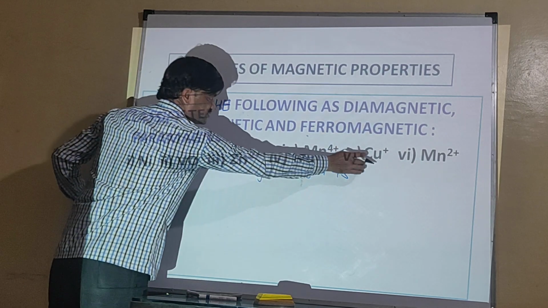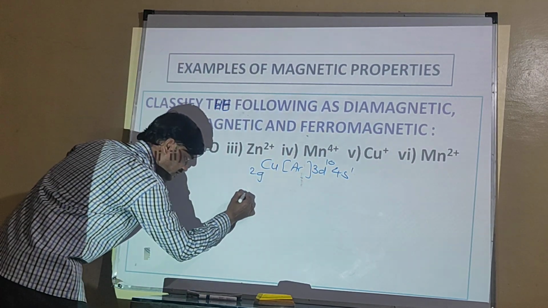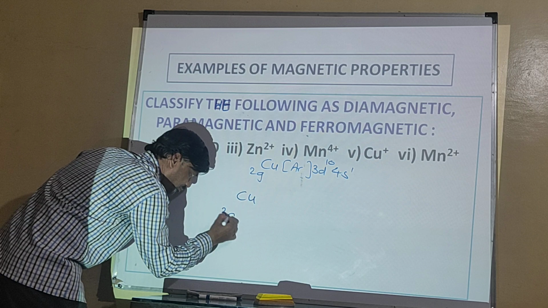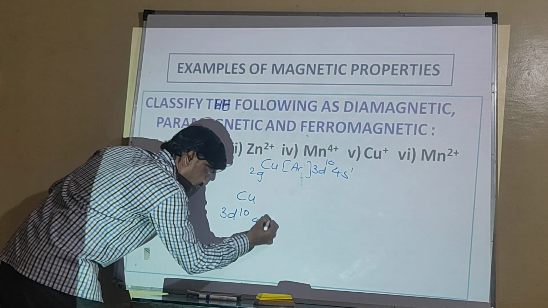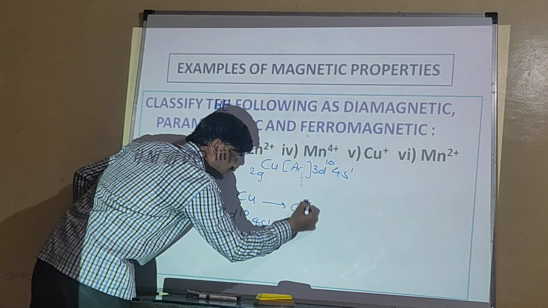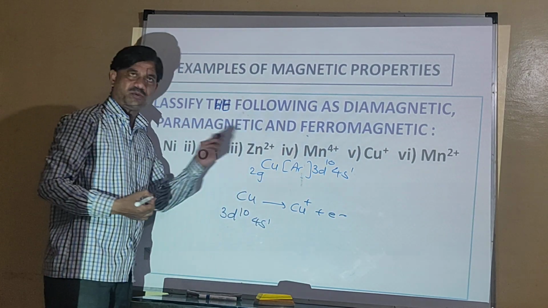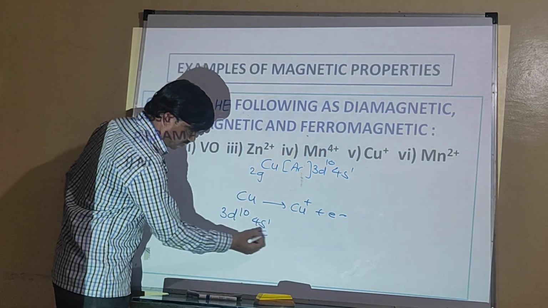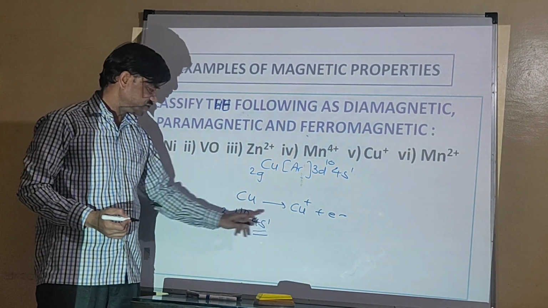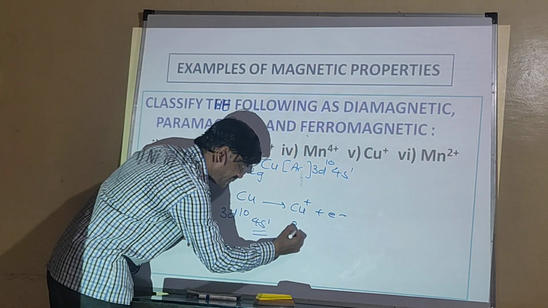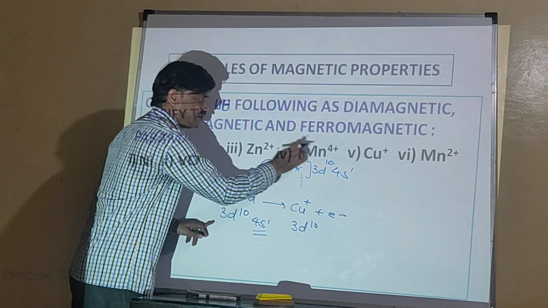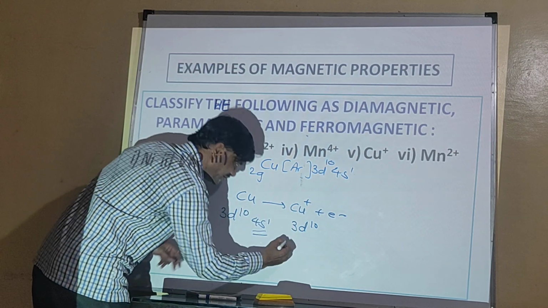Now tell me what charge is required here? Copper+1. So what can we write? Copper 3d10, 4s1. What is the charge here? Plus 1. So there is loss of 1 electron, and that electron is lost from which one? 4s. So what remains once again? 3d10. Just to indicate, in Zn+2 there is also 3d10.